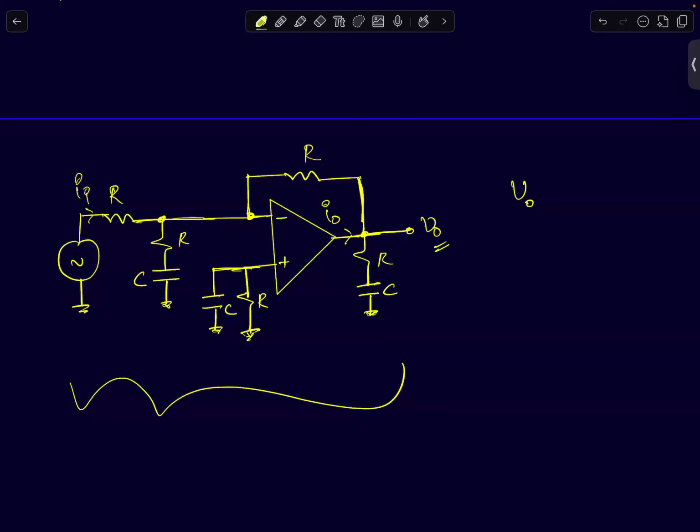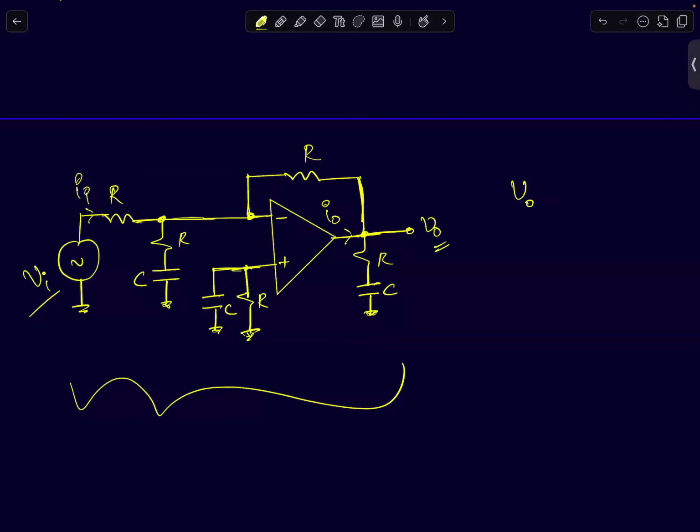Let's call this VI. What is V0 in terms of VI? Minus Vi, right? That's correct.